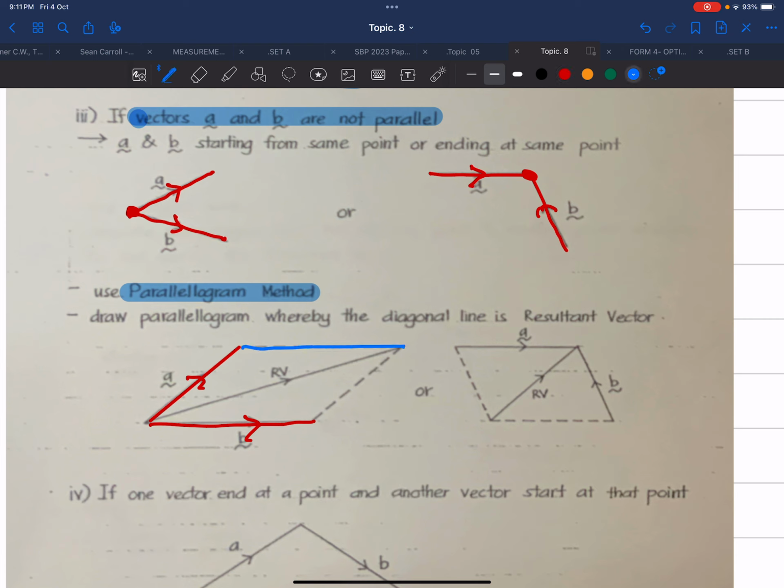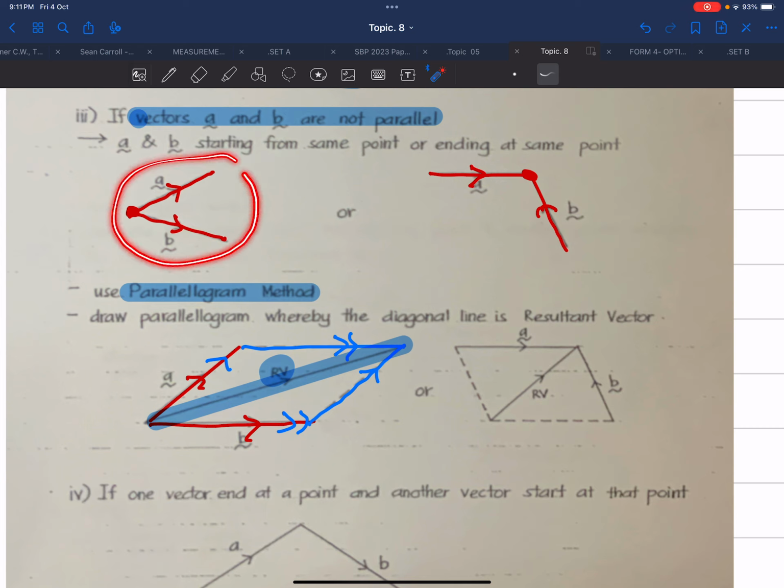You construct a parallelogram, meaning the opposite sides must be parallel. And this will be parallel. Therefore, the diagonal line will be the resultant vector. I repeat. When two vectors are not parallel, starting same point, ending same point, use the parallelogram method.